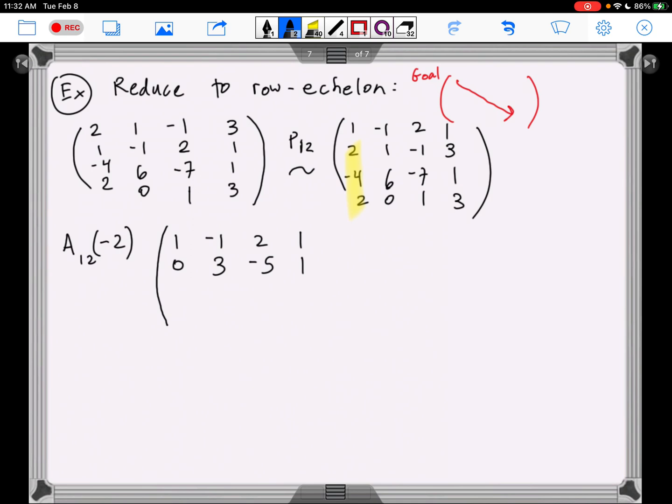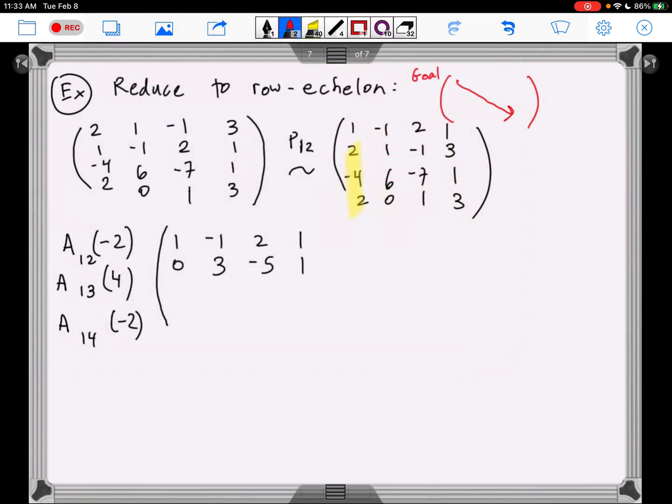We're going to do that for the other ones also. So here we're going to add 4 times row 1 and add it to row 3. And then we're also going to take negative 2 times row 1 and add it to row 4. So all of that gets done here.